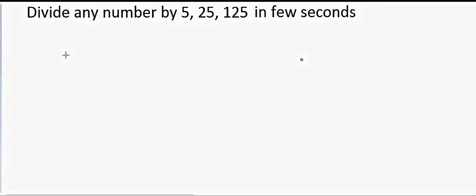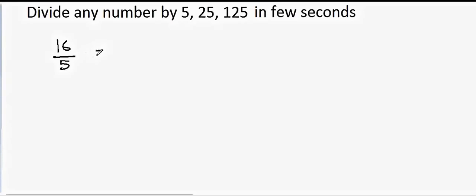So how the trick works: for example, suppose I have the number 16, and I want to divide it by 5. Usually if you try to divide this, you have to use some math, and it can take you some time, and some people even like to use a calculator for it.